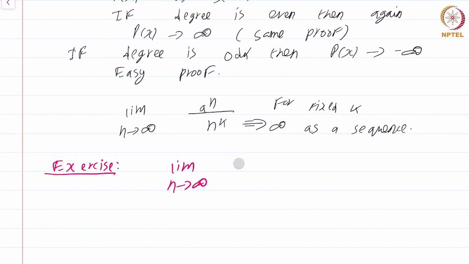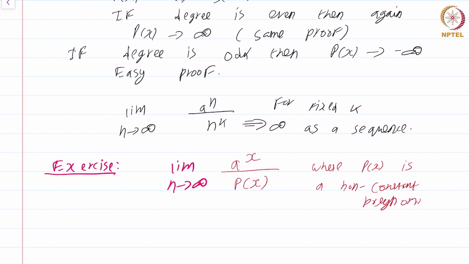The limit as x goes to infinity of a^x divided by p of x, where p of x is a non-constant polynomial, and let me just change this n to x. x goes to infinity and a is greater than 1.